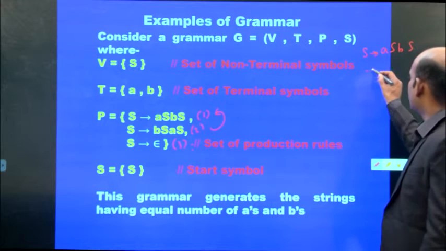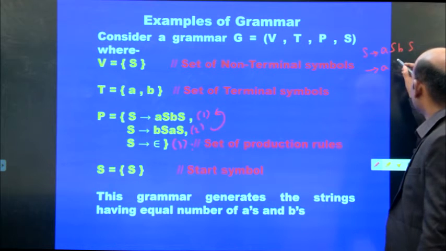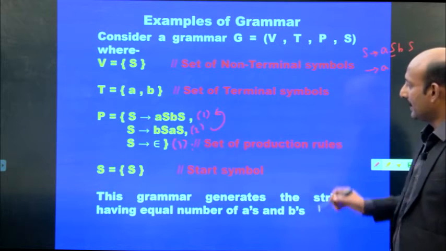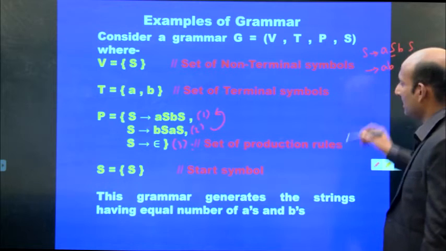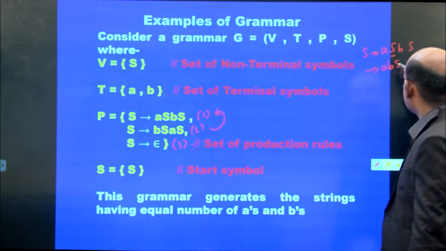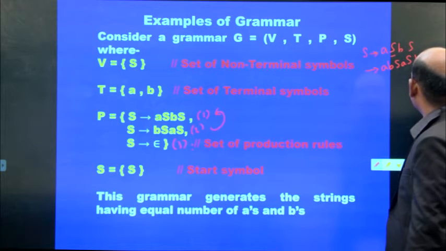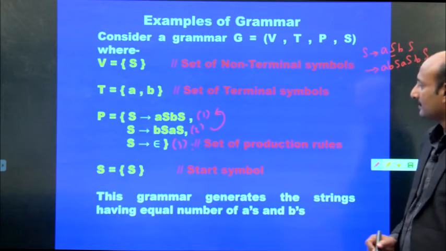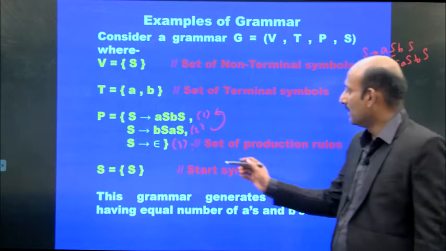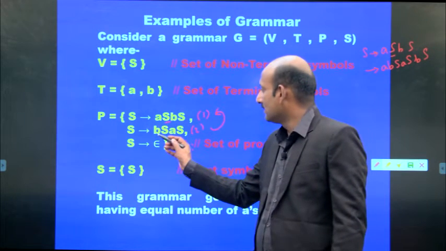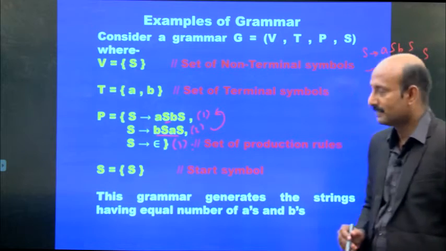So now let's go for that. For this first S, we can write this production B, S, A, S, then B, S. So we can go for replacing this S like this.